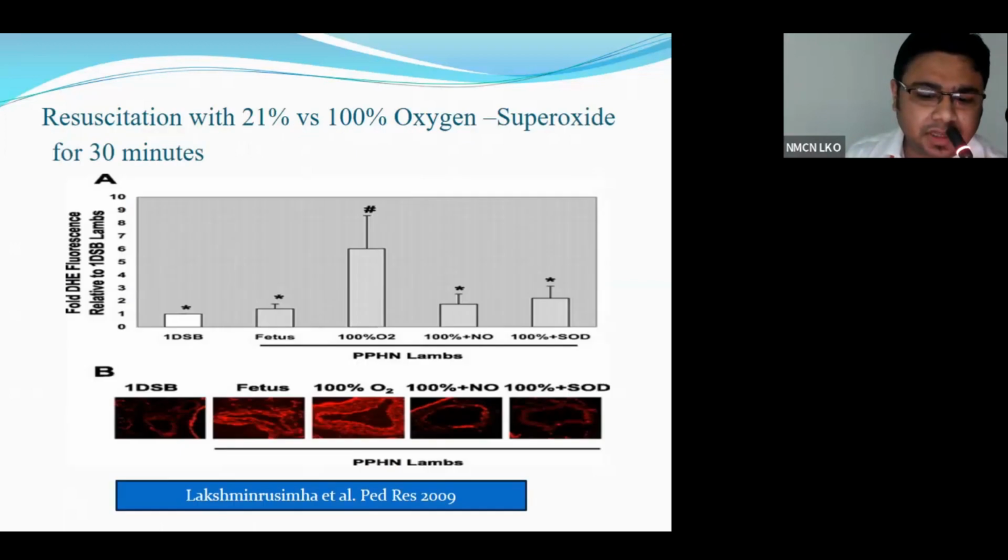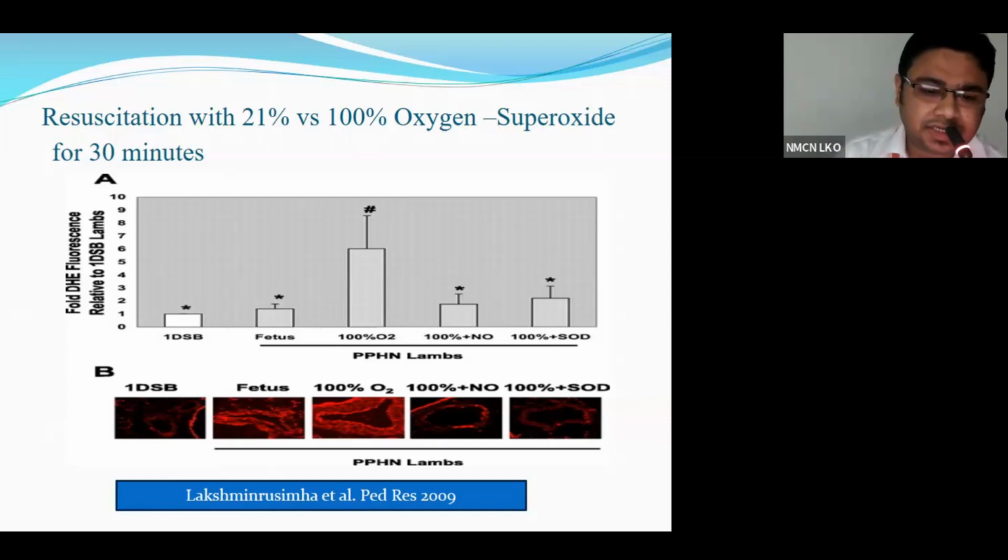So this was one of the experiments done by Professor Lakshmi Simha, which was published in Pediatric Research in 2009. This graph shows various curves where resuscitation was done with 21% oxygen in comparison with 100% oxygen. DHE is dihydroethidium.